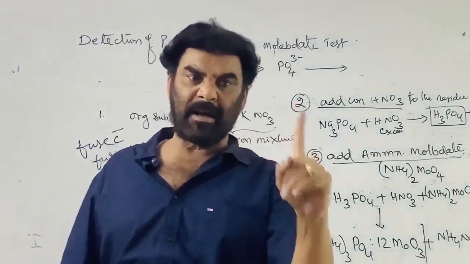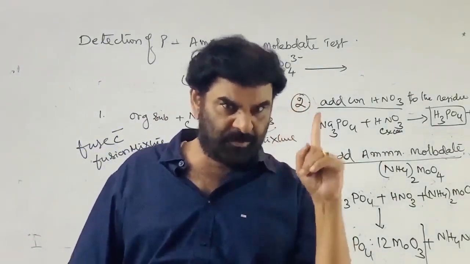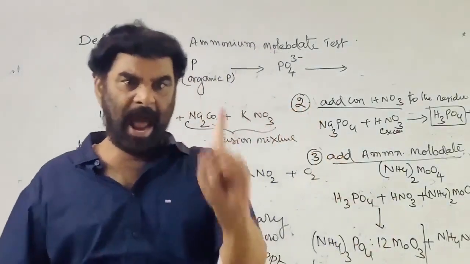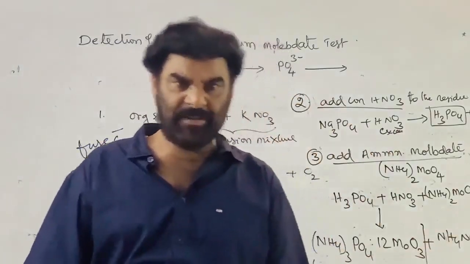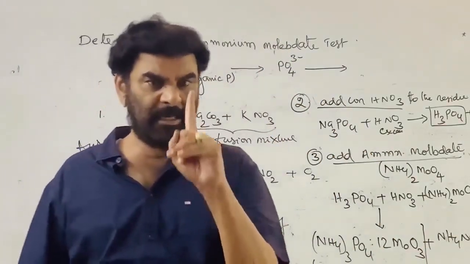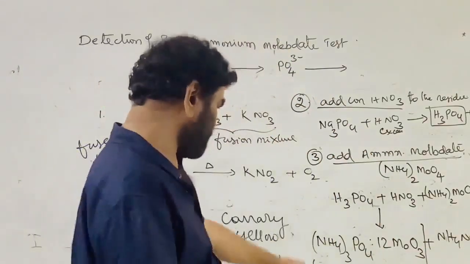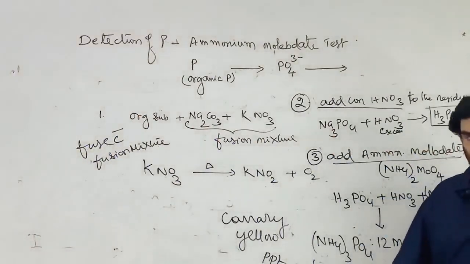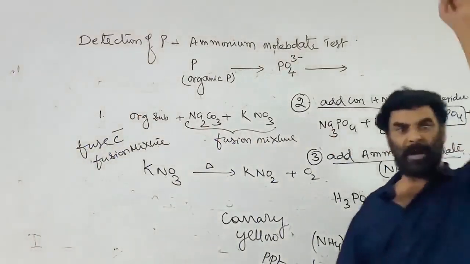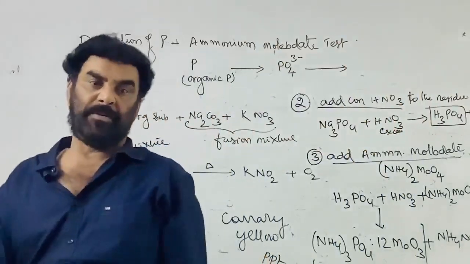So heat the given organic compound with the fusion mixture, then add concentrated HNO3 followed by the addition of ammonium molybdate, which gives the canary yellow precipitate. Formation of the canary yellow precipitate is the indication of the presence of phosphorus in the original organic compound.